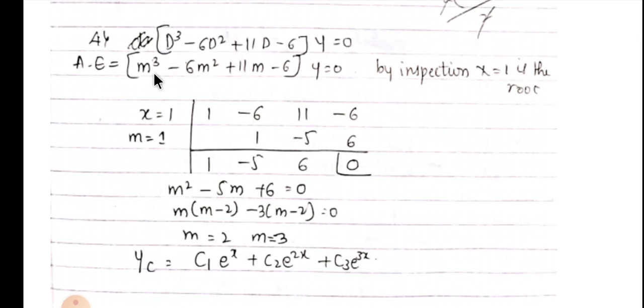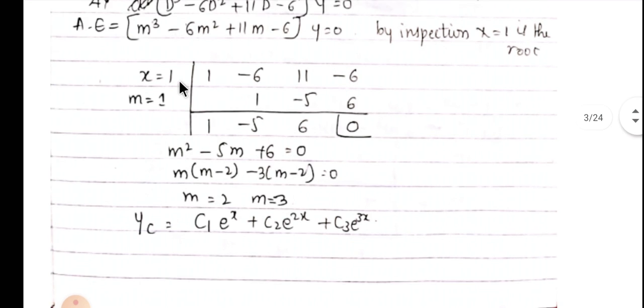If x is equal to 1, I substitute that: 1 cube is nothing but 1, minus 6 into 1 square, that is 1 minus 6, plus 11 into 1. Simplifying, 1 minus 6 plus 11 minus 6 is equal to 0.